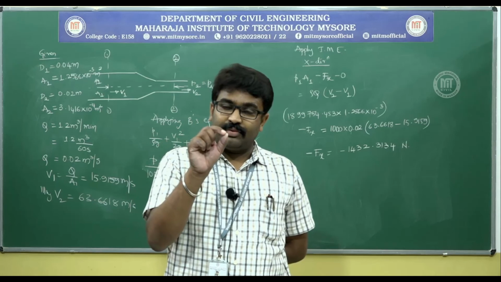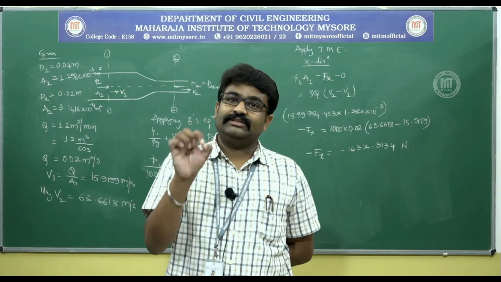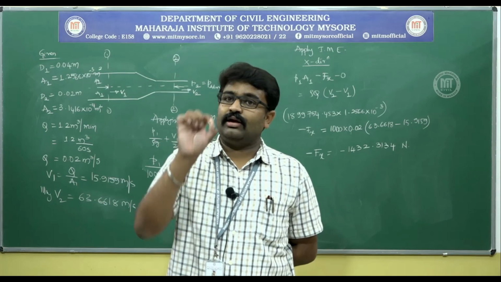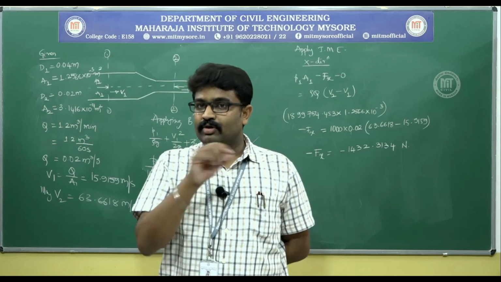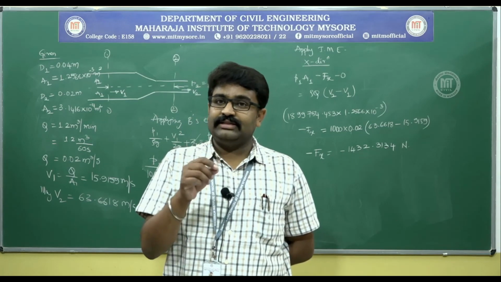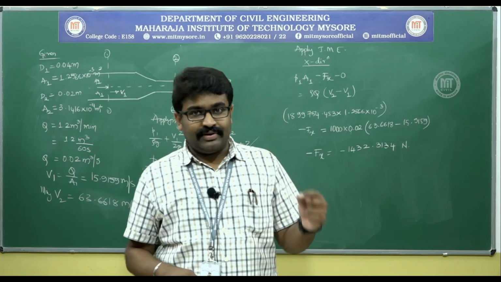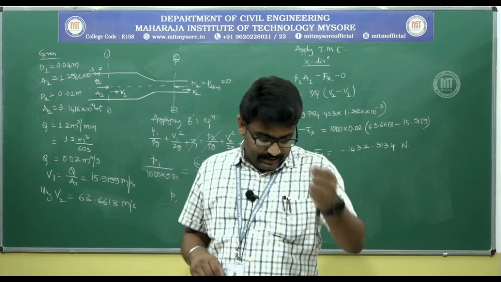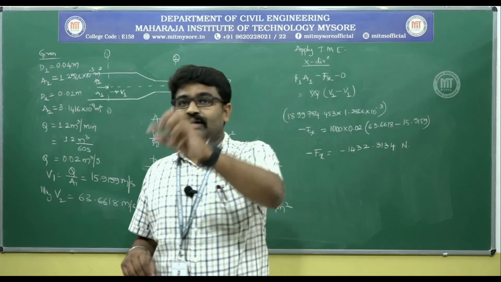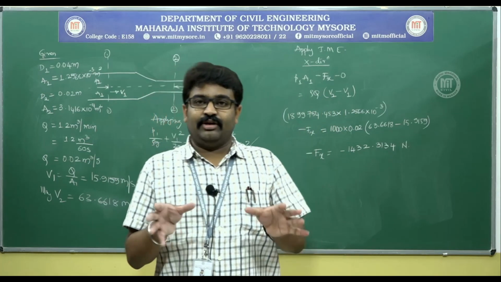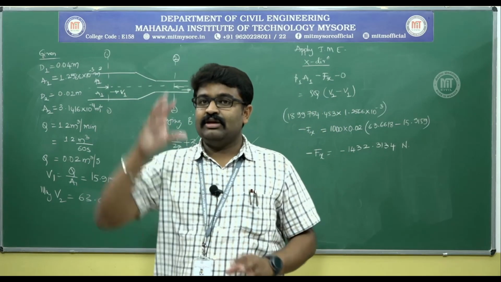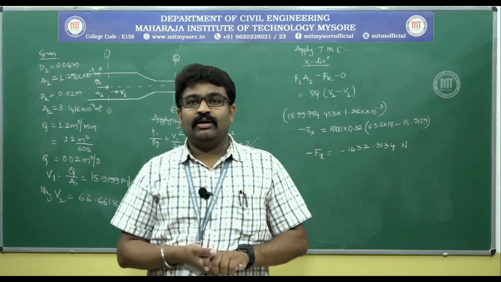Read the last line of the problem. He says force exerted by flowing water on transition of the pipe. You underline that. That means this is to find out positive effects. And go to the previous problem and underline that the force exerted by nozzle on water, which signifies that you are finding out minus effects, that is force exerted by nozzle on water.